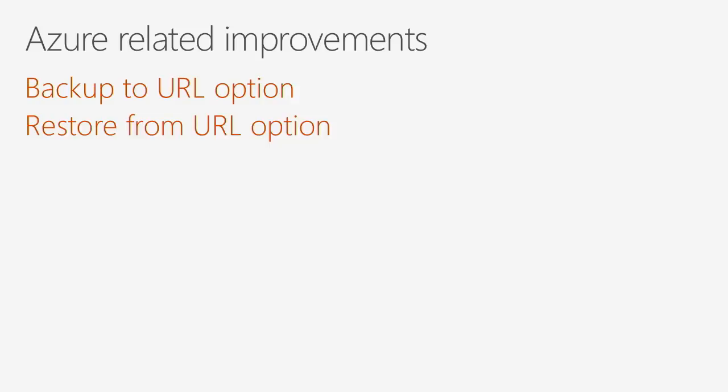You can also do a restore from URL, even if you're restoring to your on-prem server. If you don't want to be provisioning storage for backups, or you're finding that your backups are growing exponentially greater, yet you want to keep them, you can start storing backups in Azure, and Management Studio now allows you to do the backups and restores.